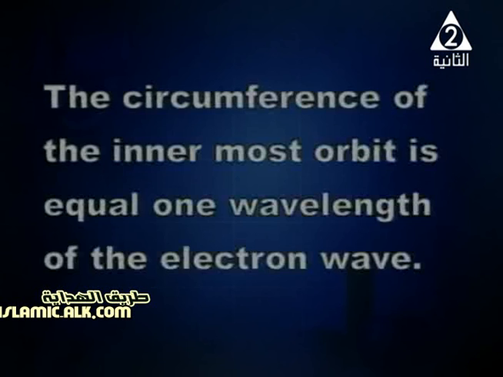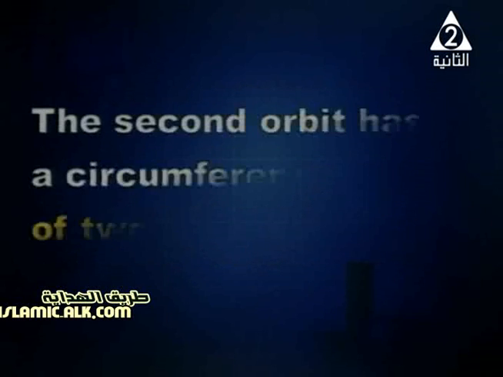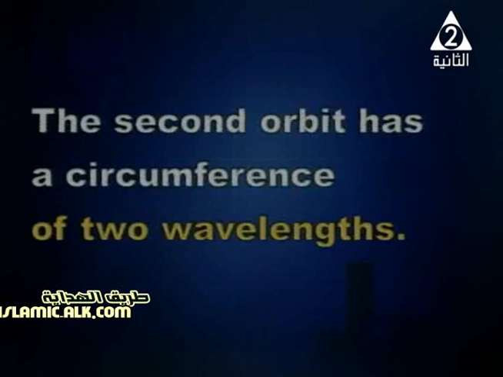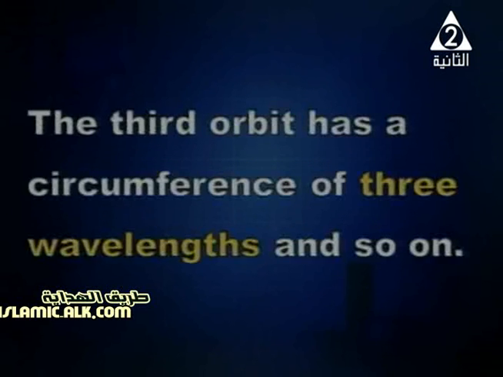Circumference of the innermost orbit is equal to 1 wavelength of the electron wave. The second orbit has a circumference of 2 wavelengths. Third orbit has a circumference of 3 wavelengths, and so on.